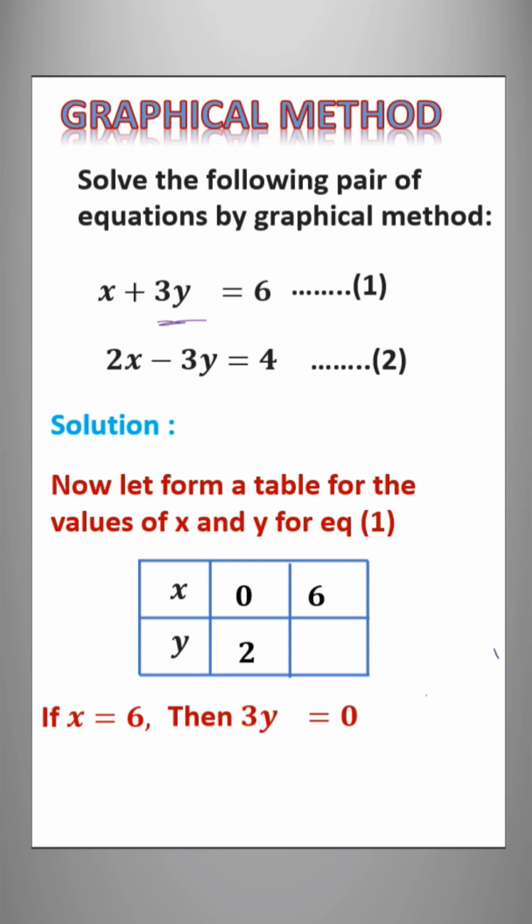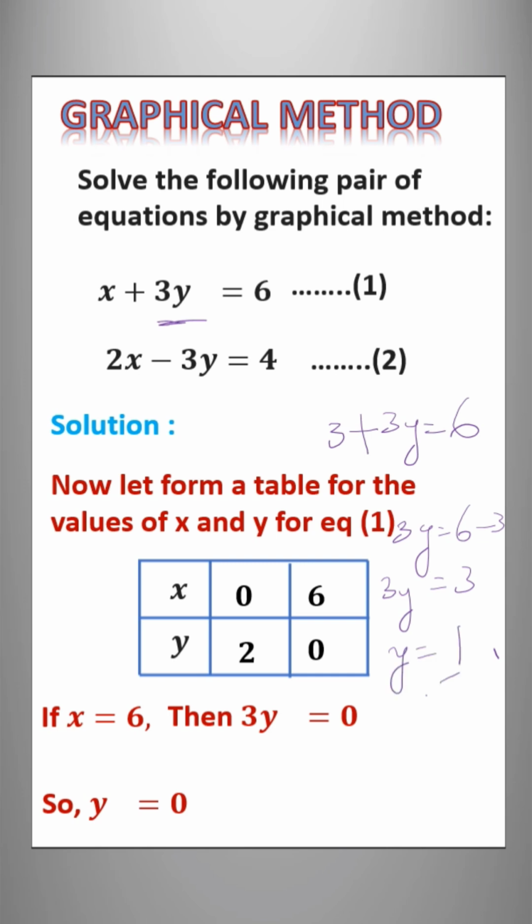So y is equal to 0. If you take x is equal to 3, what happens? 3 plus 3y is equal to 6. 3y is equal to 6 minus 3, that is 3. 3y is equal to 3, y is equal to 1. You can take this value also.